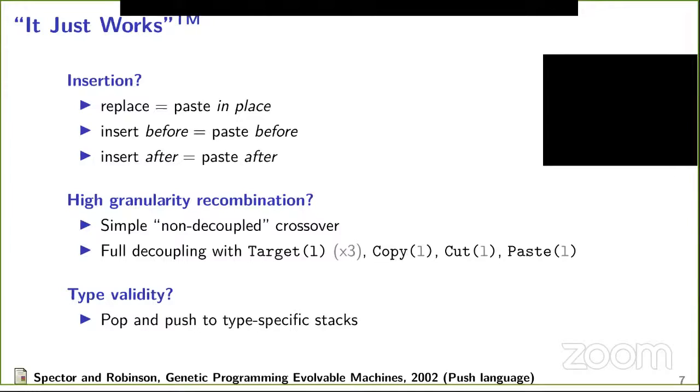Crossover recombination is just a simple non-decoupled crossover, because both fix location and fault location belong to different edits. So when you do your uniform crossover or one-point crossover on the list of edits, they are already decoupled. But yeah, it only decouples fault location and fix location.